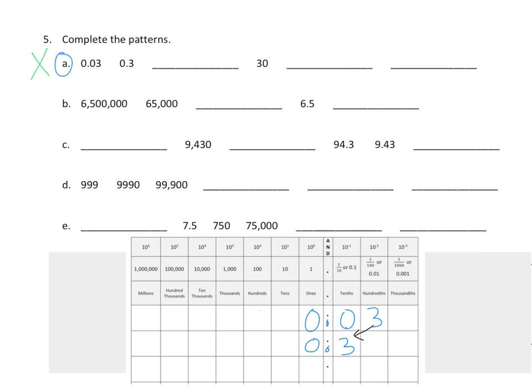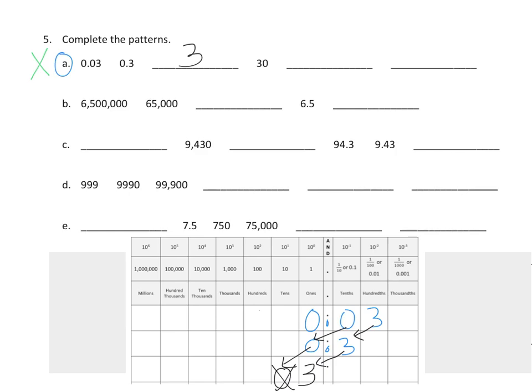The 3 and the 0 are shifting over one spot to the left. So it's getting bigger. We are multiplying it, and we're multiplying it by 10 because it's moving one spot to the left. So if we continue the pattern, that 3 tenths will go into the 3 ones, and that 0 ones go into the 0 tens, which we don't need. So the next number in the pattern is 3.